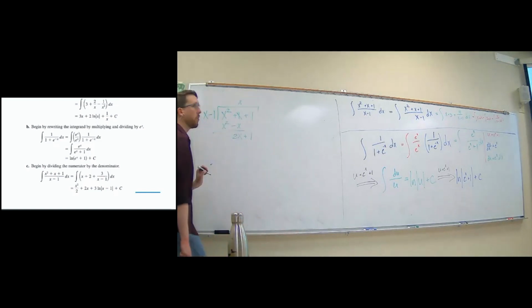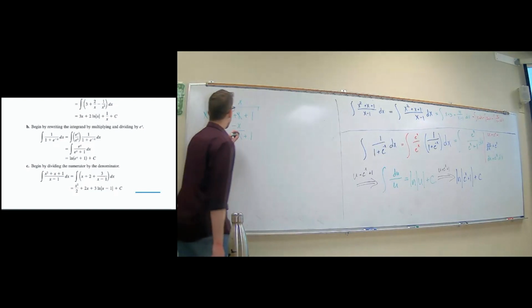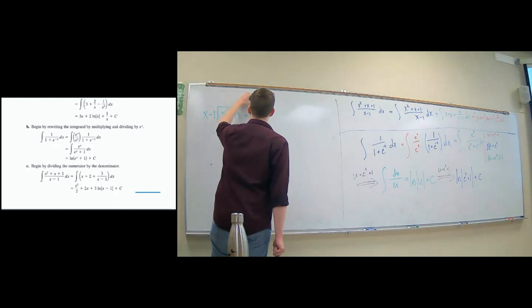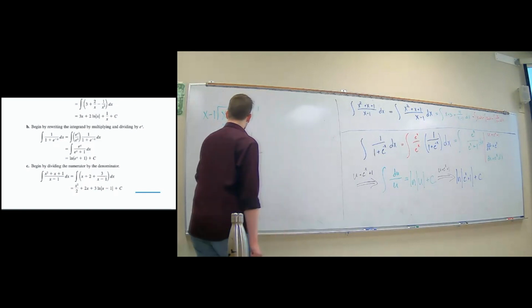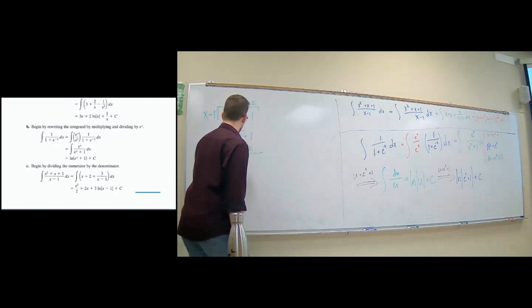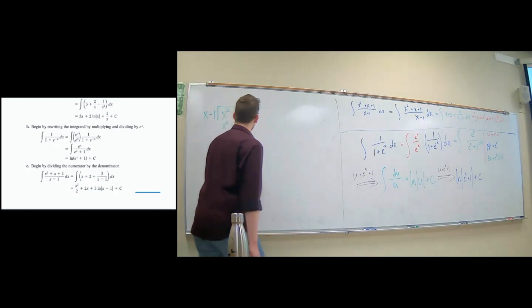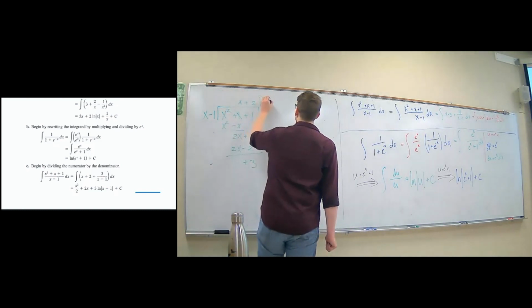That was where my mistake was. So now we're going to multiply by 2 plus 2. We're going to get 2x minus 2. The 2x's are going to cancel, so you're going to get plus 3. You're going to have a remainder of 3.